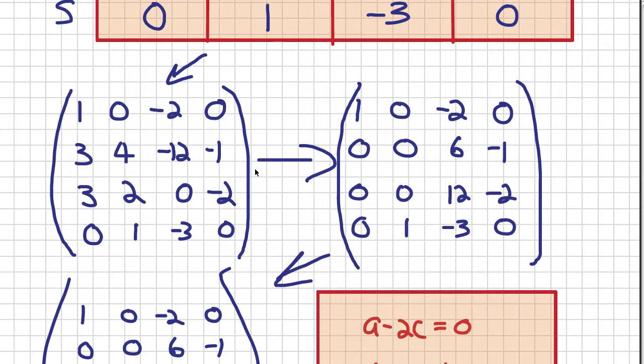So I do some elementary row operations to go from here to here. I'll let you figure out exactly what all those row operations are. It's not too terribly complicated. Then I do a few more operations to go from here to here.